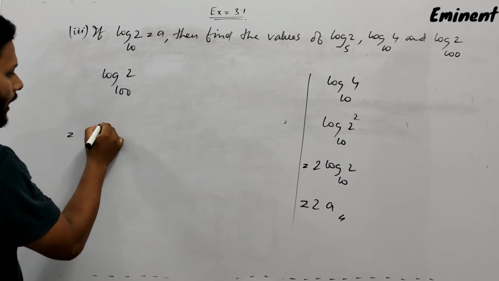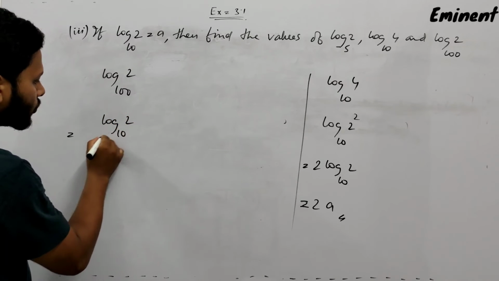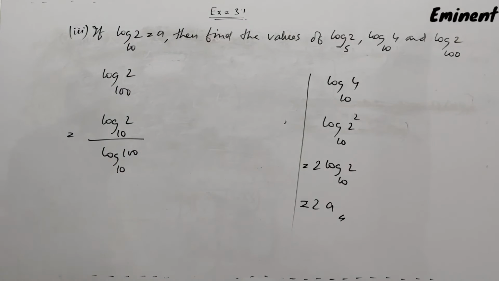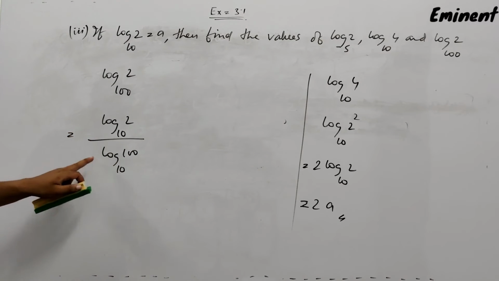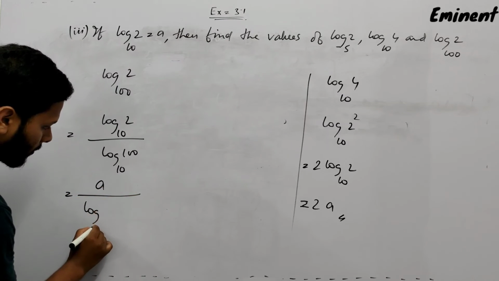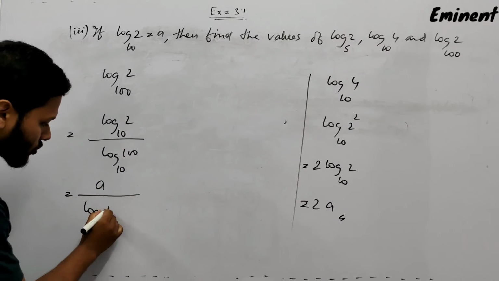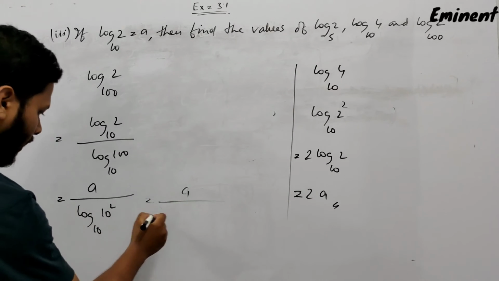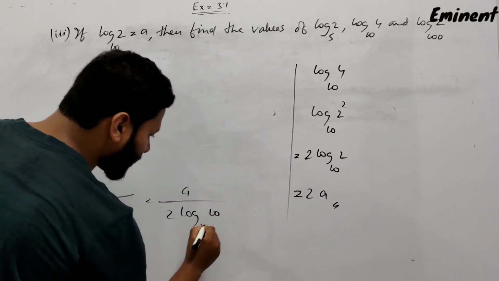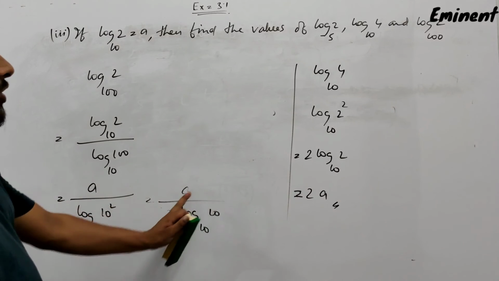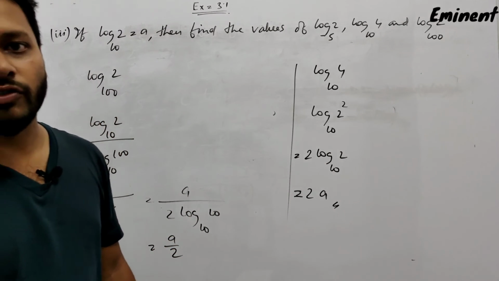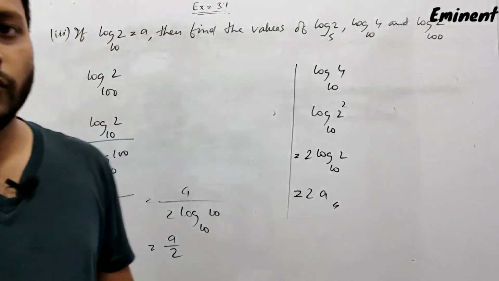It can be written as log base 10 of 2 divided by log base 10 of 100. Now the value of the numerator we already know, it is a, and the denominator is log base 10 of 10 square, since 100 can be written as 10 square. We can take out the power and it can be written as 2 log base 10 of 10. Now as we know the value of this becomes 1, our answer will become a by 2. So this is the solution of question number 3, part 3.